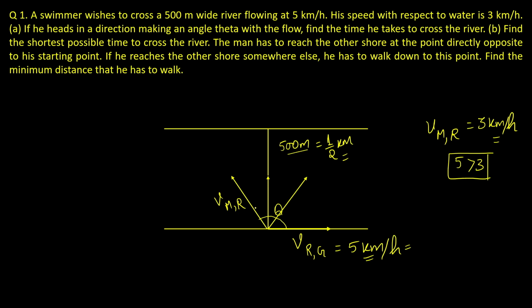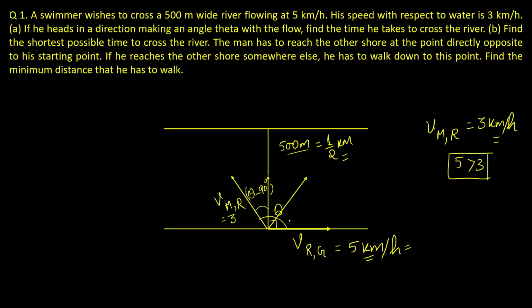Okay, we need to find the time which this swimmer takes to cross the river, and this is angle theta. So I know that this angle is 90 degrees, so this will be theta minus 90 degrees. It's obvious. And this is 3. So now see, this is 5, this is 3, and this is theta.